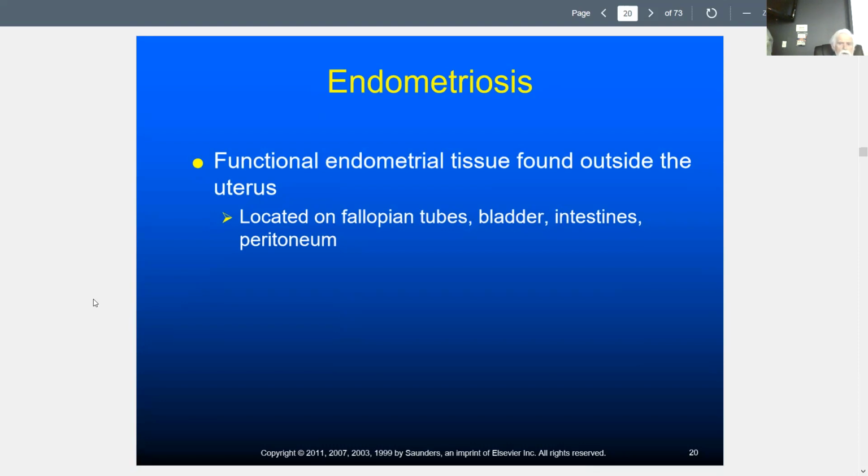So endometriosis is a disease of the endometrial tissue, which is not just inside the uterus, but also in other locations: intestines, bladder, the peritoneum. It is overdiagnosed, from my observation.